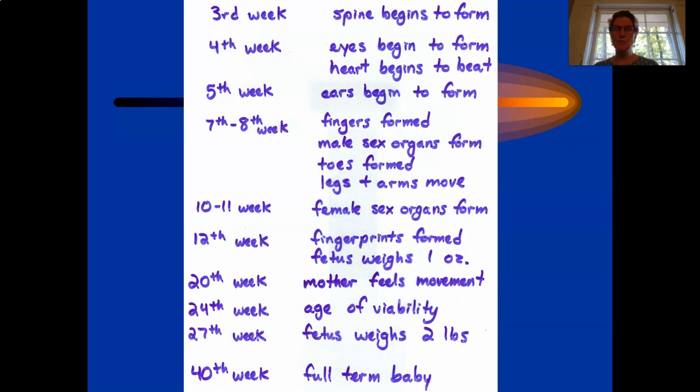So it just gives you some kind of milestones, the time when different things happen. Oh, and sorry, a full-term baby is about 40 weeks, which is actually a little more than 9 months.